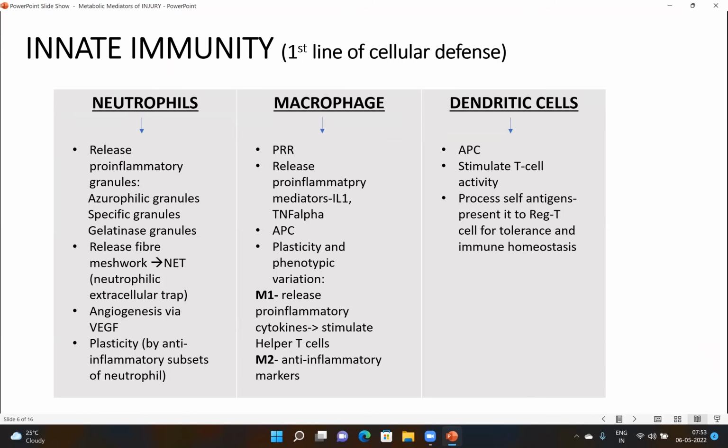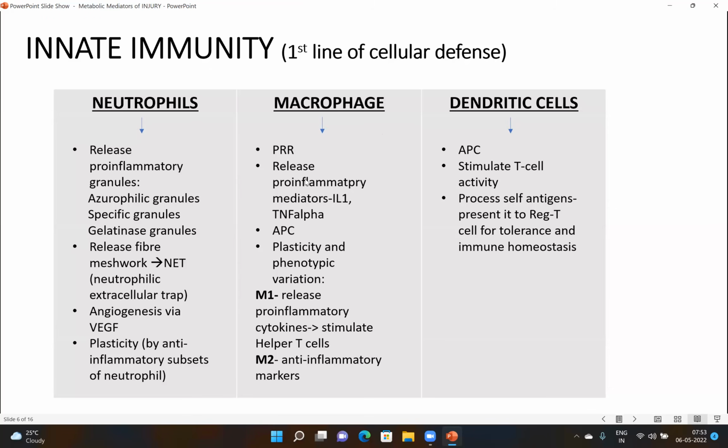Neutrophils also release a fiber meshwork called neutrophil extracellular traps, to which proteins and histones get adhered and trap the bacteria or foreign pathogens. Neutrophils also lead to angiogenesis via vascular endothelial growth factors, and neutrophils show plasticity by the anti-inflammatory subsets.